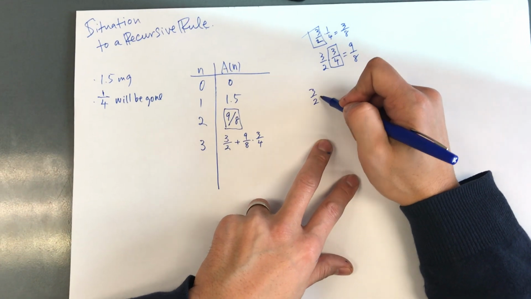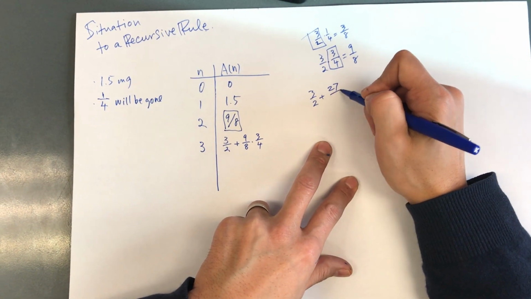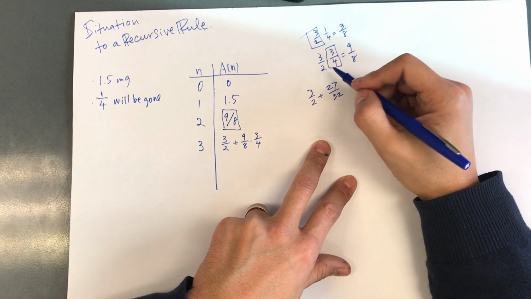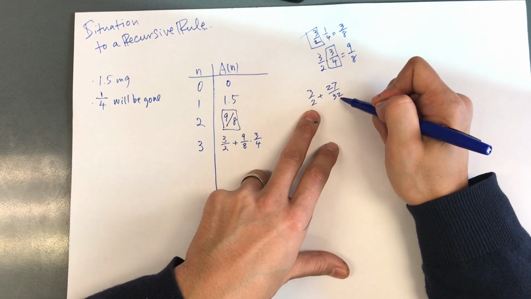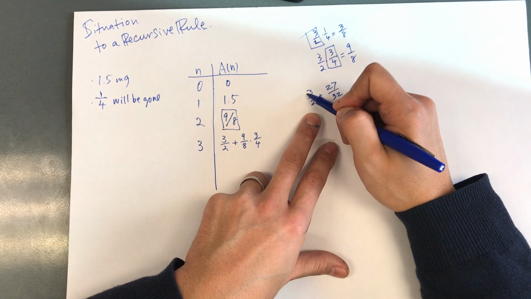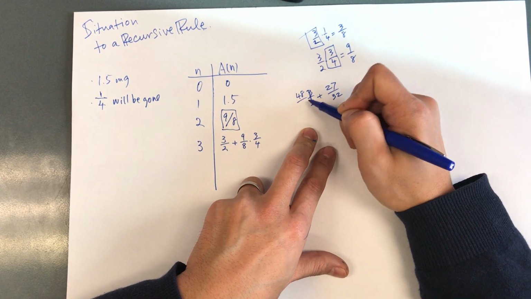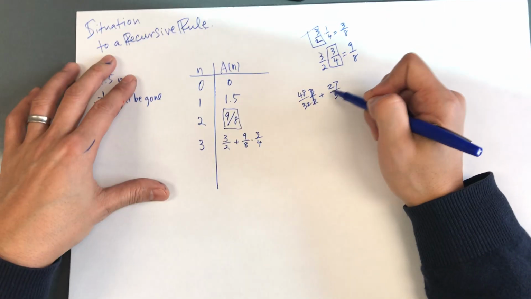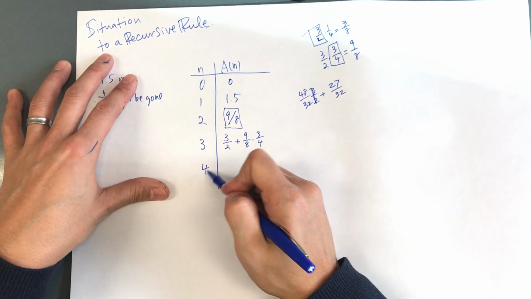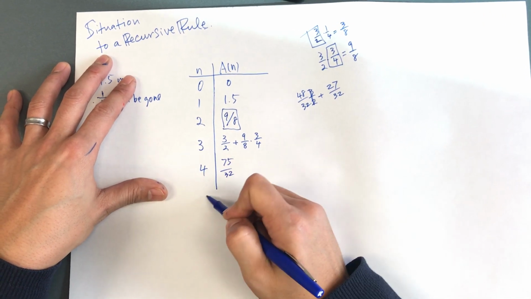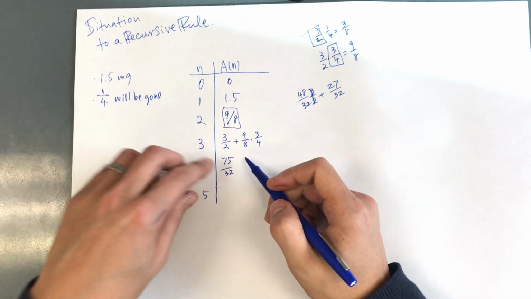So 3/2 plus 27/32. So I'm just going to change this by multiplying by 16. 16, that's going to be 48/32, right? So 48 plus 27 is going to be 75/32, right? And then the fifth day, it's going to be the same thing.